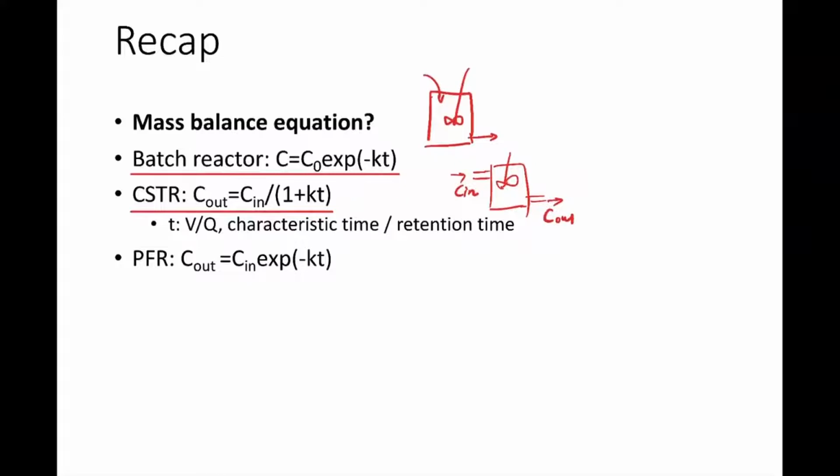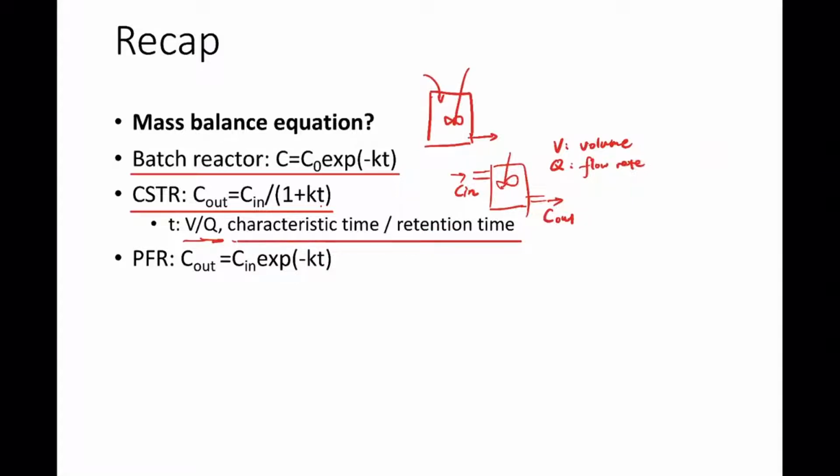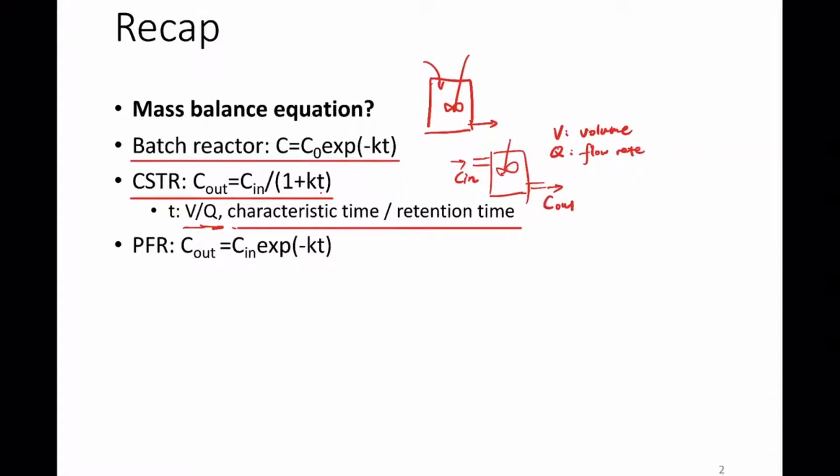K is the reaction rate constant, and T is the time, which is calculated as V divided by Q, where V is the volume of the reactor and Q is the flow rate. We call this time the characteristic time, and in water treatment, people also call it the retention time. They're basically the same thing if you notice any problems talking about these times.